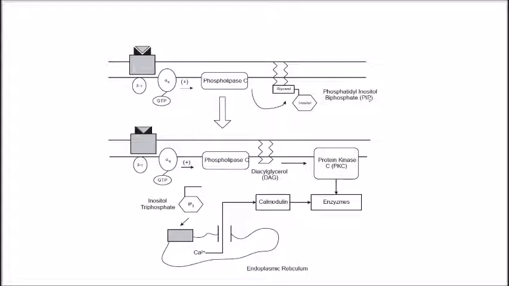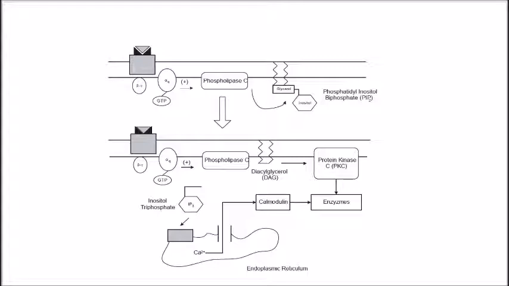The phospholipase C will split the PIP2 molecule into the DAG molecule, which stays in the membrane. Of course, it's called diacylglycerol. That will activate protein kinase C, which then leads to various enzymes. The inositol triphosphate molecule, or IP3, then floats free in the cytoplasm and can interact with a receptor on the endoplasmic reticulum.